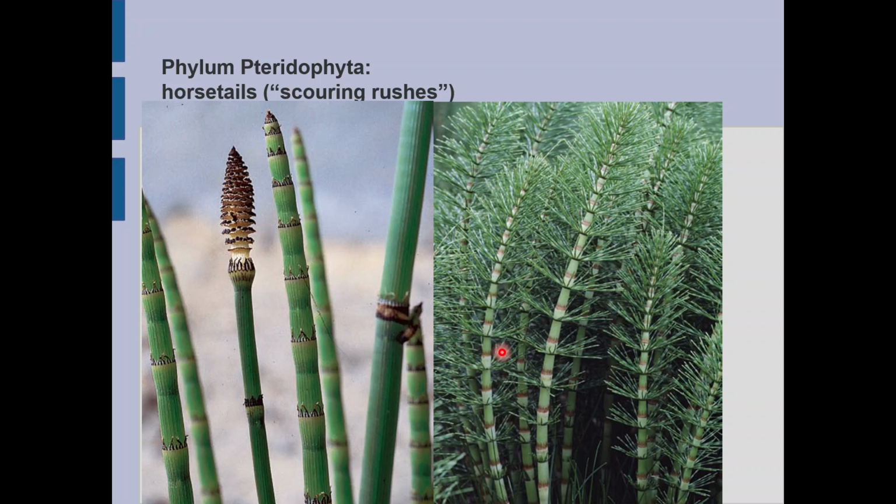Horsetails are also very old, several hundred million years ago, and usually they grew as trees.